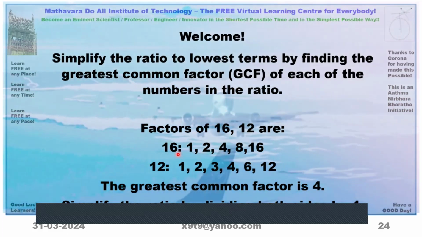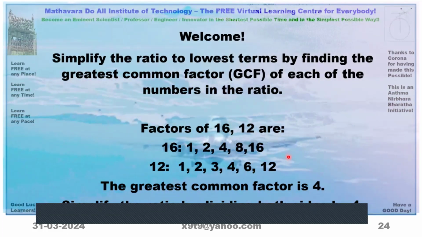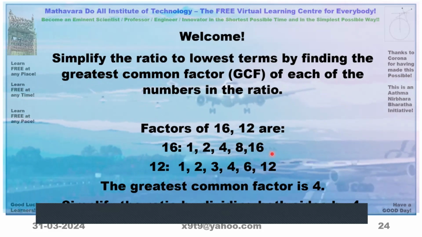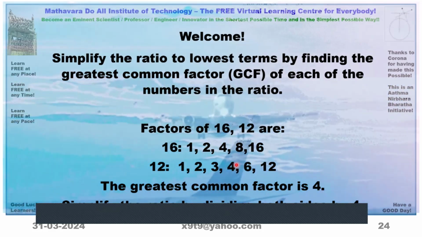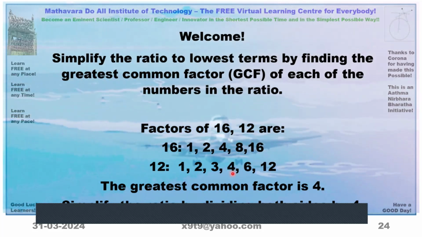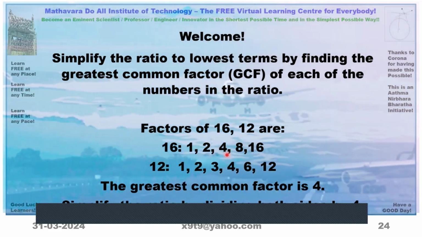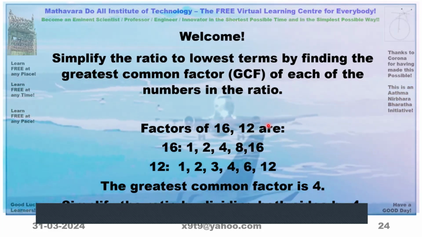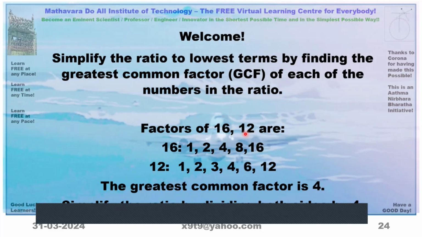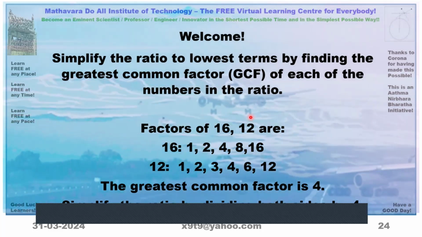Now we have to see which is the greatest common factor, common between these two. It is 4 here and 4 here. It is the greatest and the common one. That is why we divide 16 and 12 by that common factor 4, to get 4 and 3.